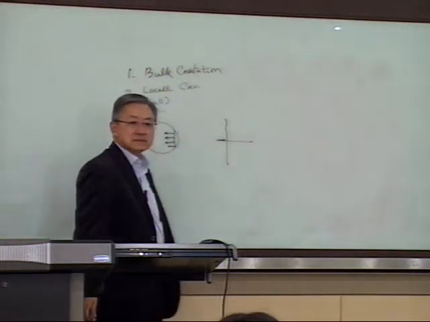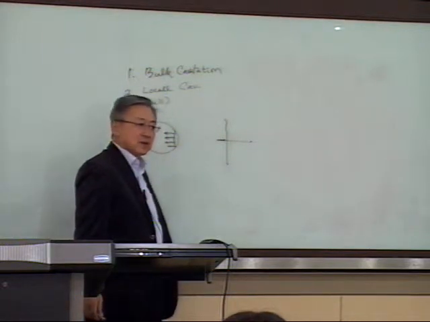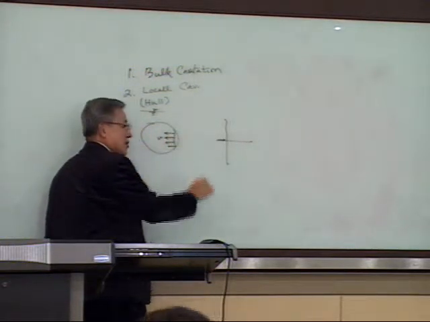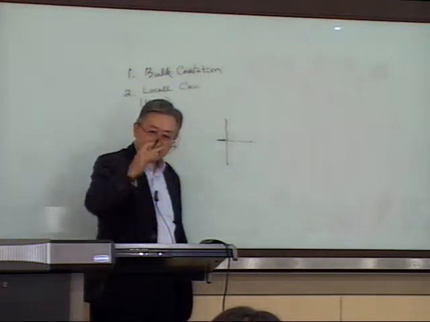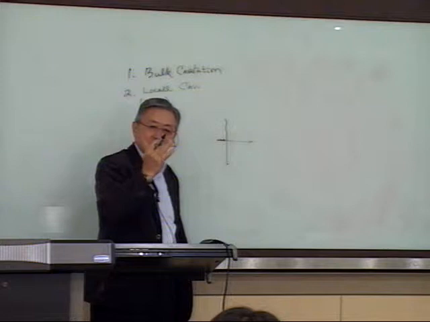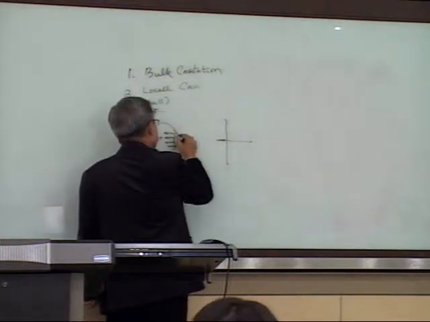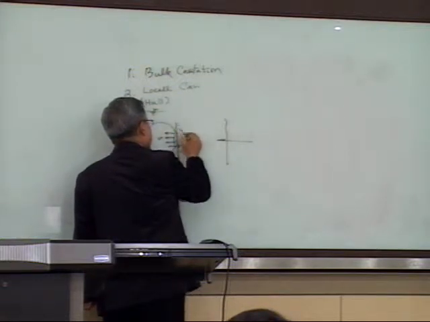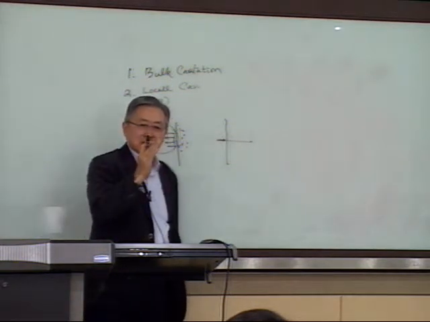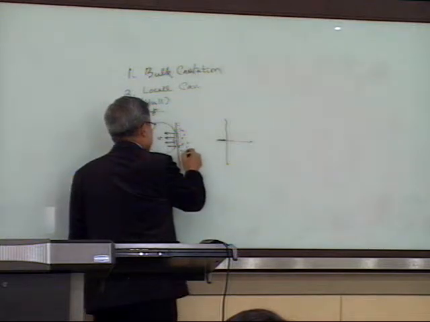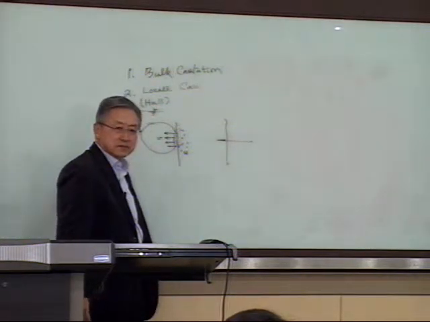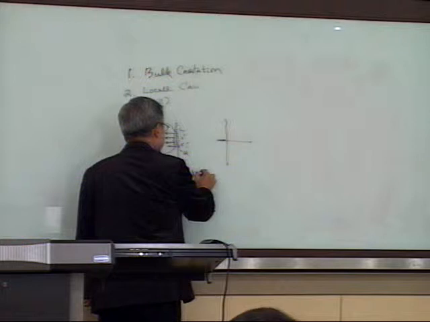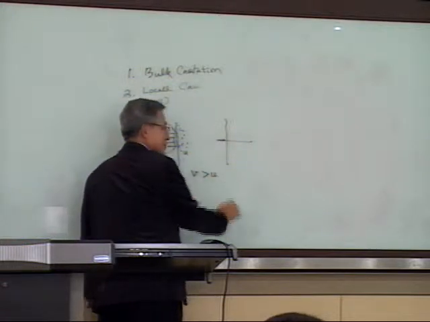When this takes off, the velocity of the shell, the hull, is V. The water particles right behind the shock wave have velocity U. The local cavitation occurs if V is larger than U.